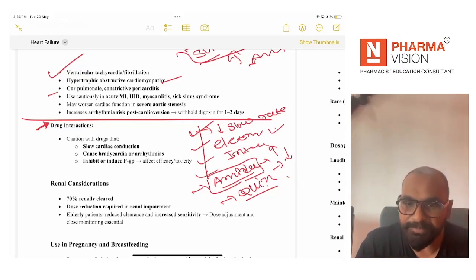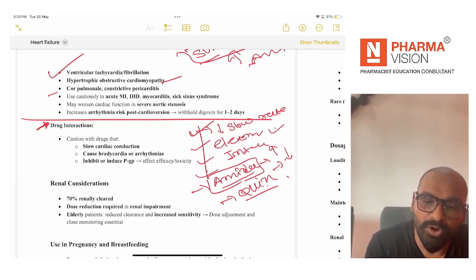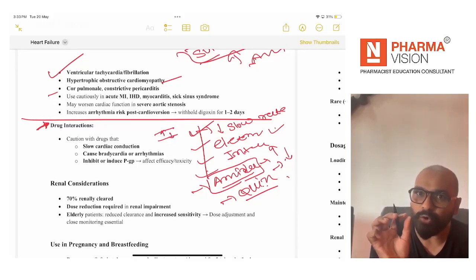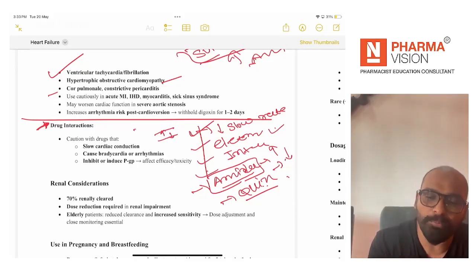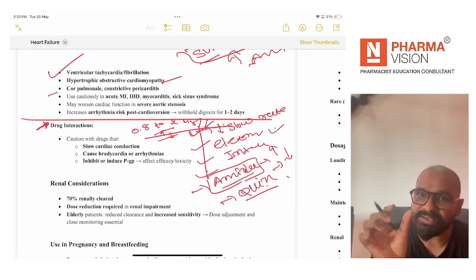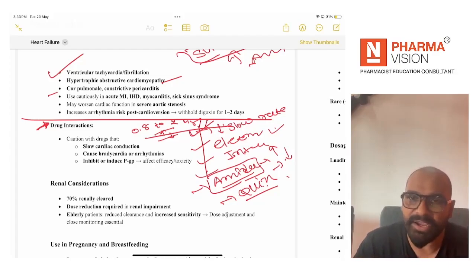Why is digoxin important for drug interaction? Because of its very narrow therapeutic window, 0.8 to 2 microgram per liter. That's why we have to be very careful. If something goes wrong, the plasma concentration immediately crosses the toxic level.